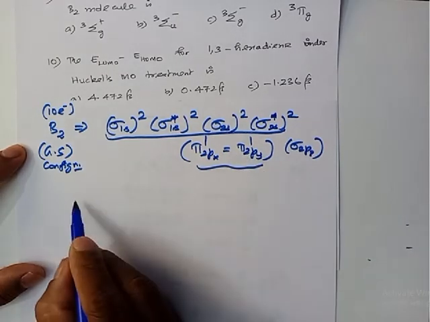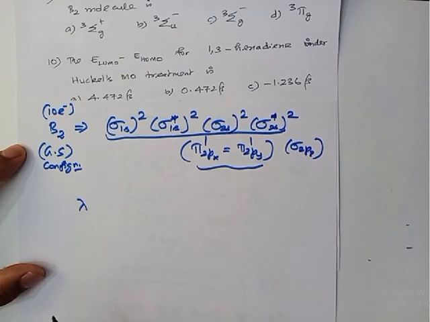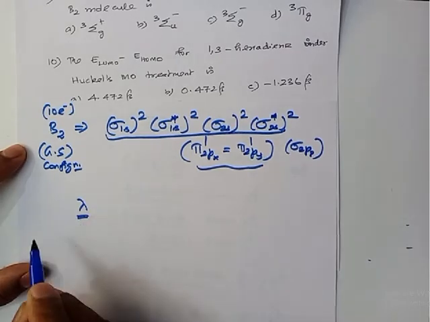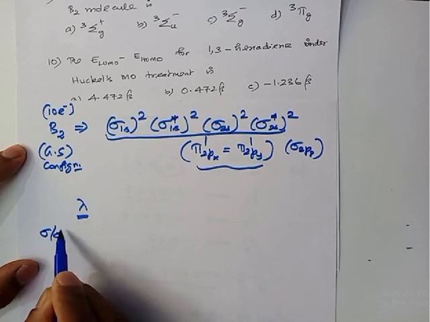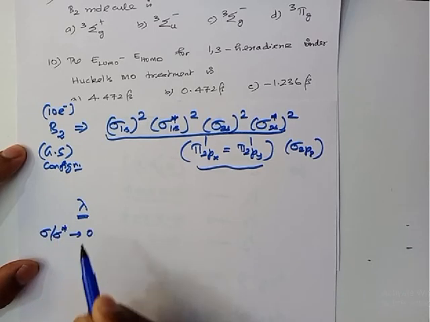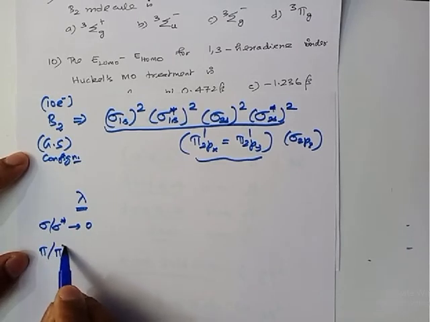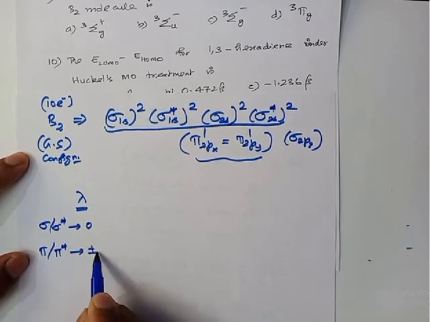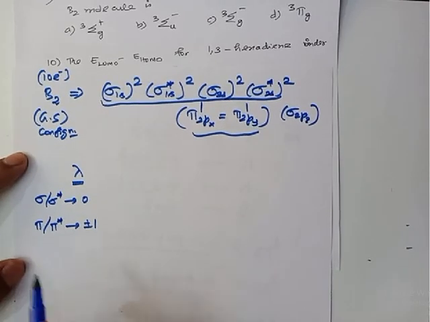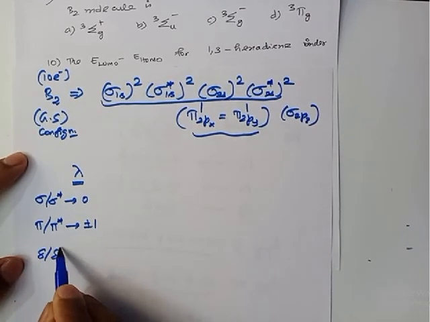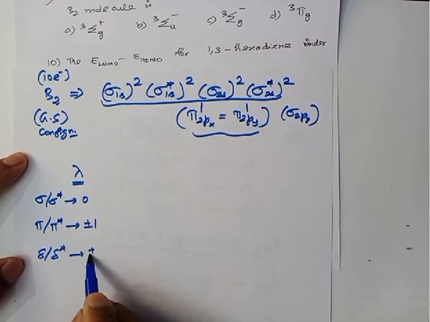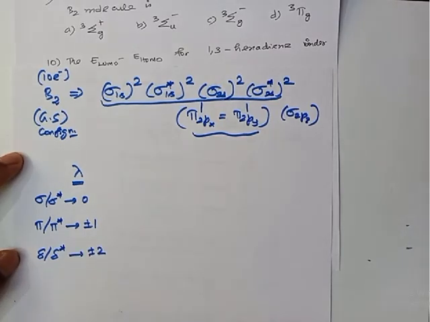First we should find out small lambda. Students, observe carefully. For a sigma orbital or sigma star orbital, the lambda value is 0. For a pi orbital or pi star orbital, the lambda value is plus or minus 1. For delta and delta star orbitals, the lambda value is plus or minus 2. Like that it goes.